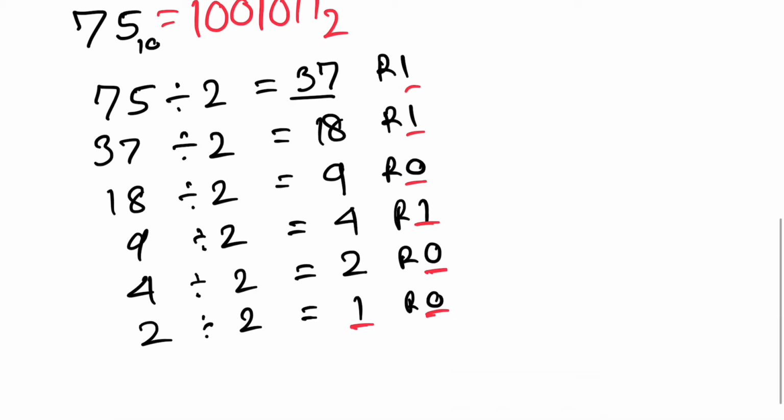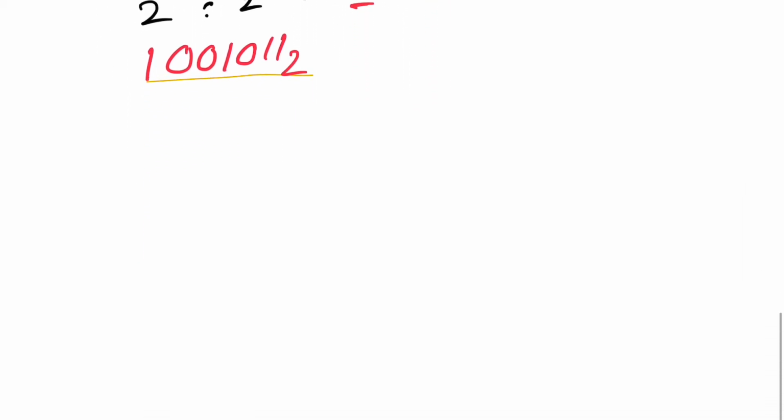Okay, so we have now this number, 1, 0, 0, 1, 0, 1, 1, base 2. Okay, so now let's move and solve it for the decimal.